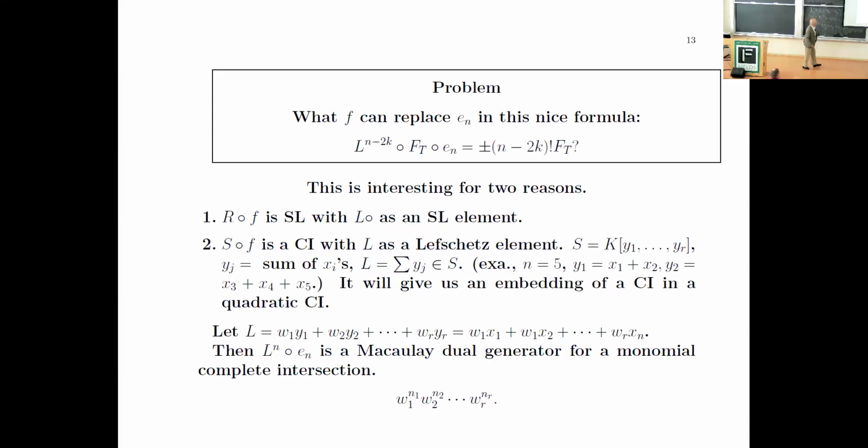And secondly, probably I can find a subring, which is a complete intersection, and so it has the Lefschetz property. So this is a reason why I am interested in this problem. I want to extend this equality.